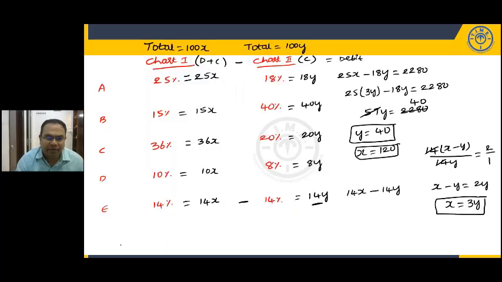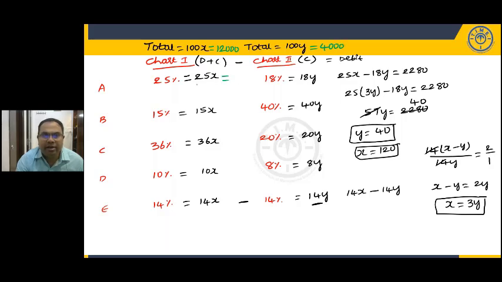Now x value is 120. When x is 120, this should become 100x, so 120 into 100, 12,000. 100 into 40, 4,000.